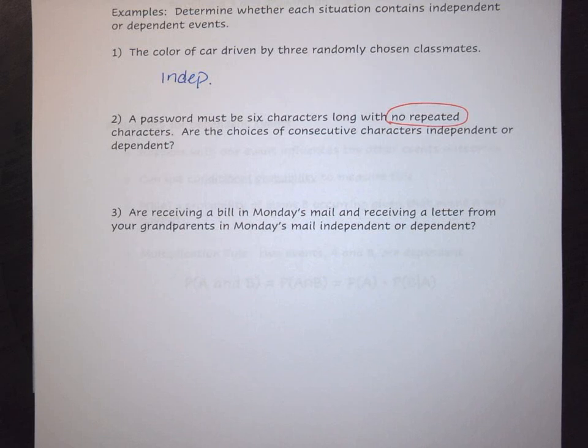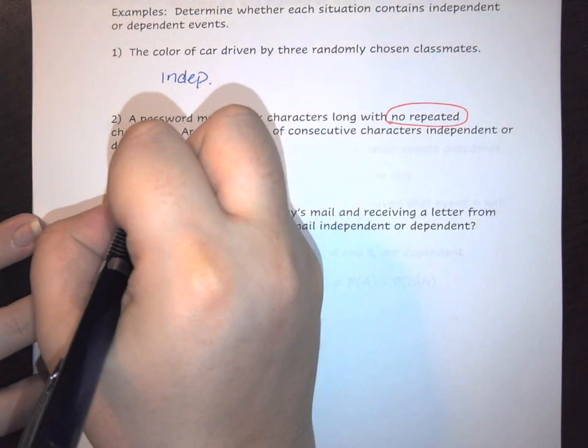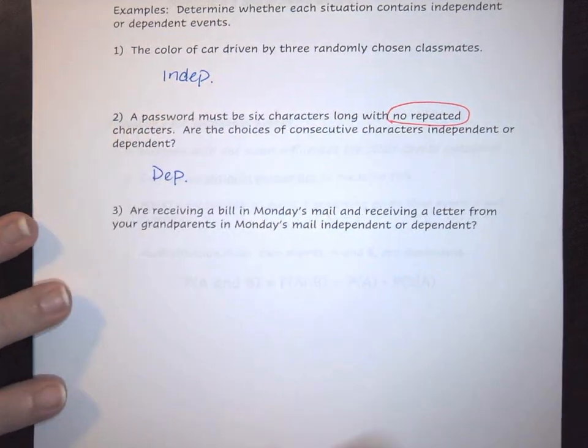What that means is if I have to pick 6 characters and I choose my first character to be the letter A, then any of my remaining characters can no longer use the letter A. Since my next event is dependent on the results of the first event, these would be called dependent.